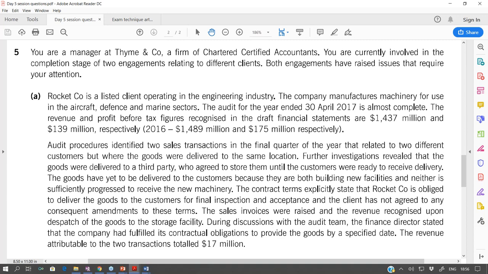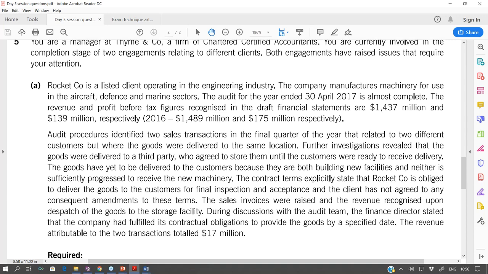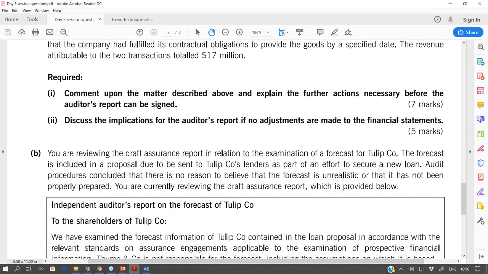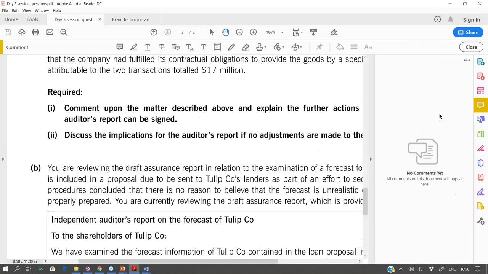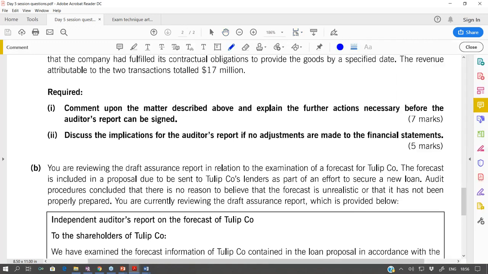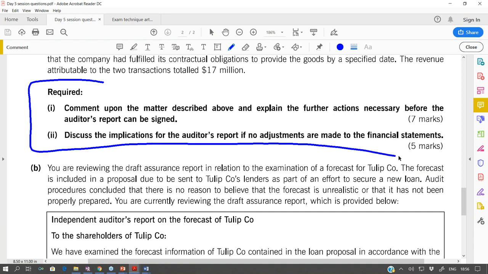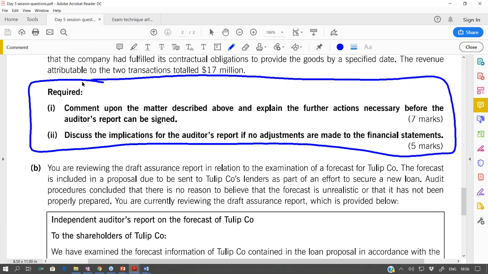Now see this question and see the requirements. What was the examiner saying? Read the requirements carefully. Do you all remember that? Let's read them.